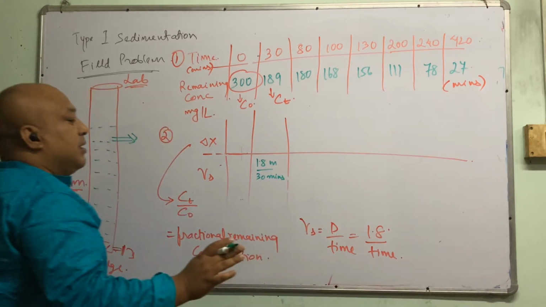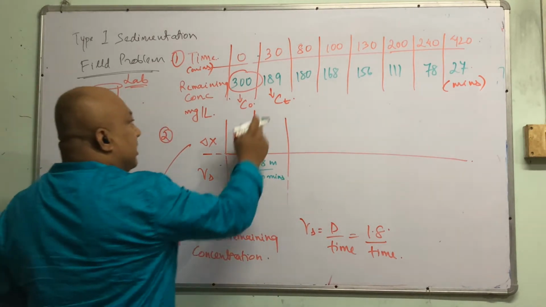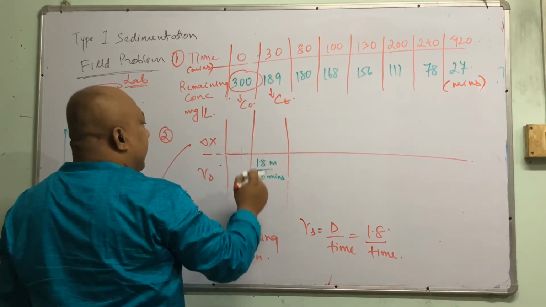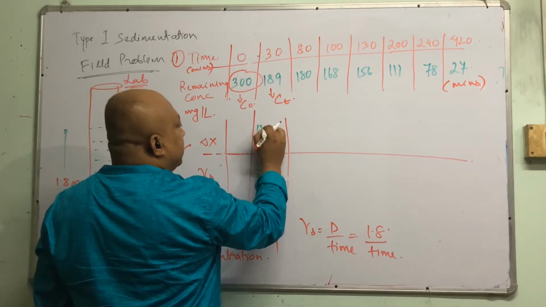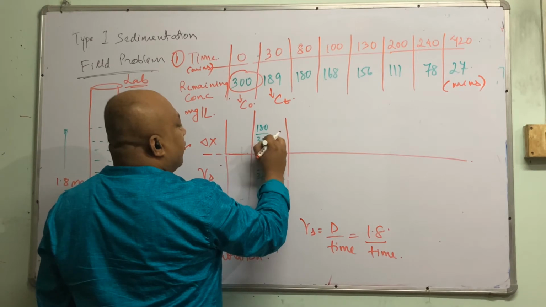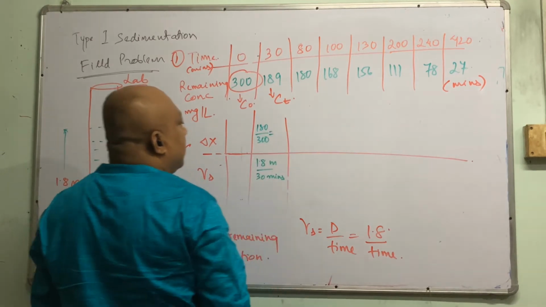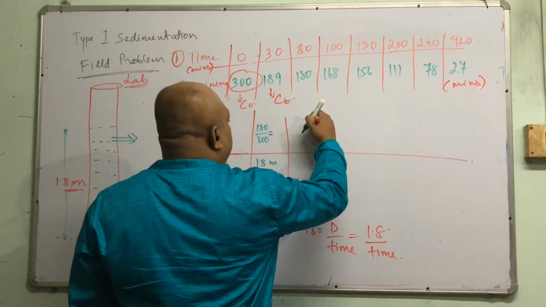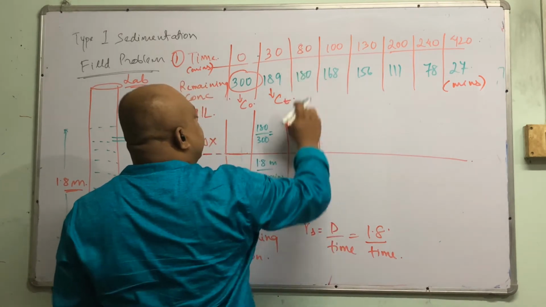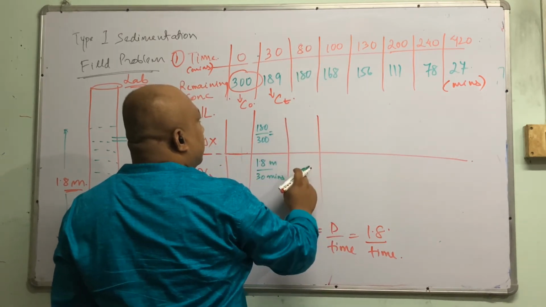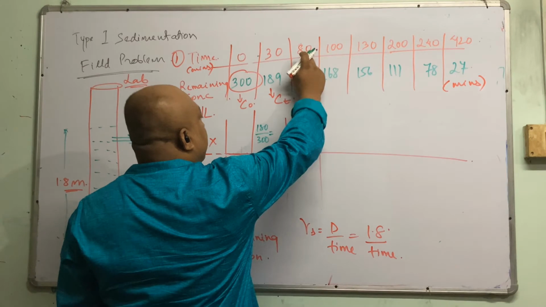This is the settling velocity of this particle, and this one will be 180 divided by 300. Similarly here will be 80 divided by 300, and this will be 1.8 divided by 80 minutes.